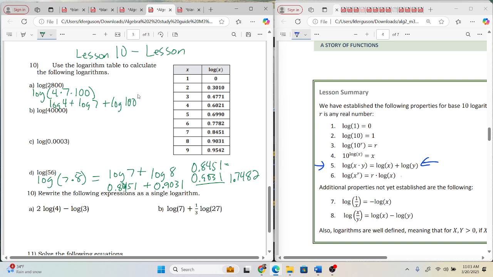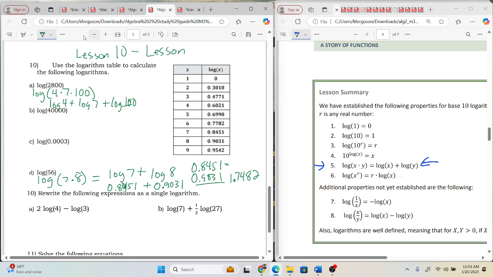Now, you don't see the log of 100 up there.